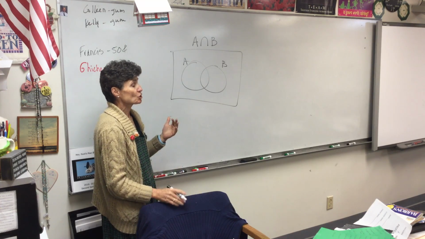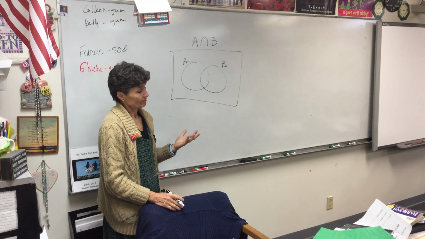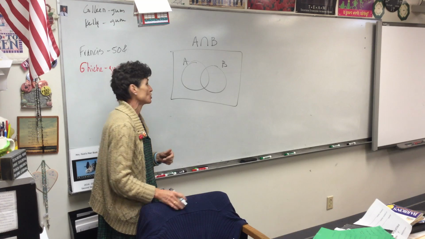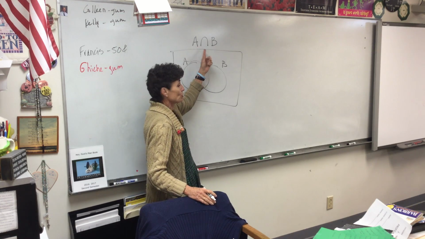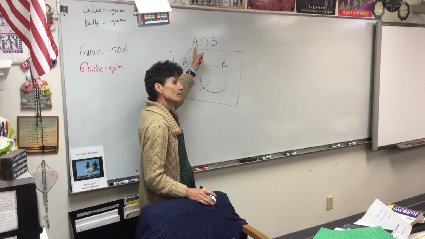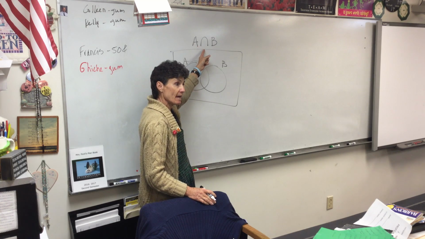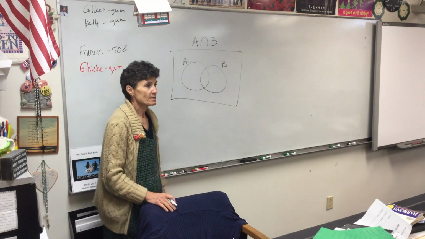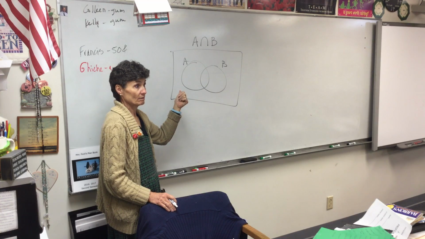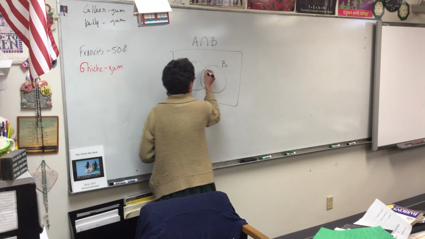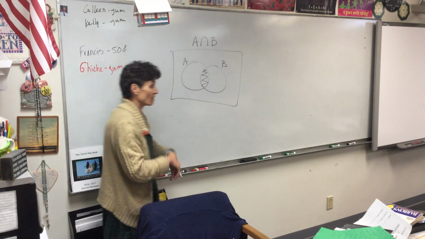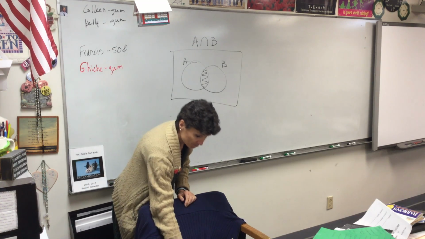And the mathematician would call that an and. The word associated with the intersection is and. So you are to shade in everything that is an A and B. That's pretty easy. That would be the football. So that's what you're going to shade right there. Everything that's an A and B.